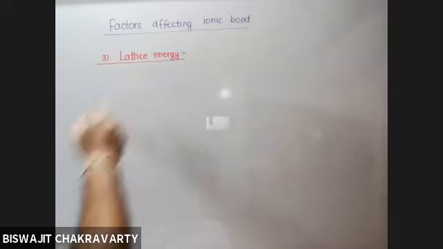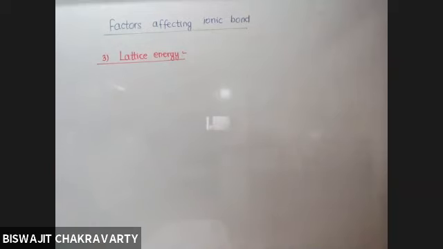So this is the third important step. In the first step, we had produced the cation. In the second step, we had the anion produced, and now the cation will attract the anion by electrostatic forces of attraction, which is referred to as the lattice energy.